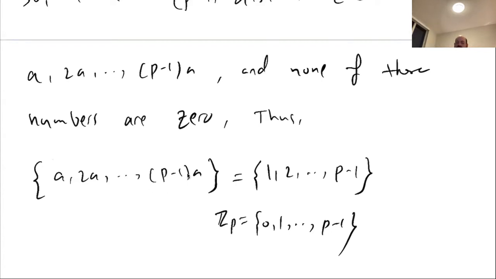Because here I have p minus 1 distinct elements in Zp, which means I have all the elements in Zp except 0, because I have to put 0 aside since none of these numbers are 0. I have p minus 1 elements left in Zp, and these are p minus 1 distinct elements. So these numbers must be the same as these numbers, as I said, possibly in a different order.